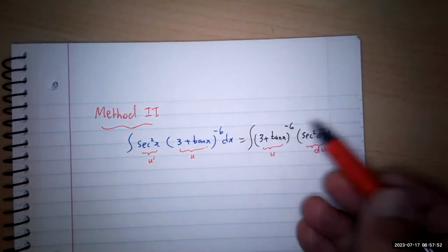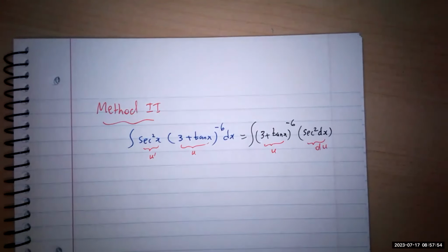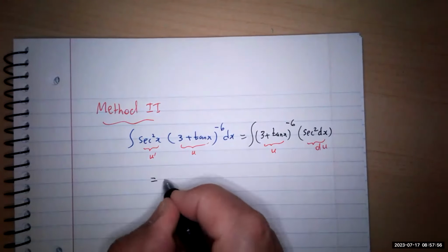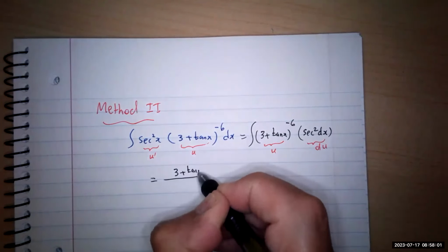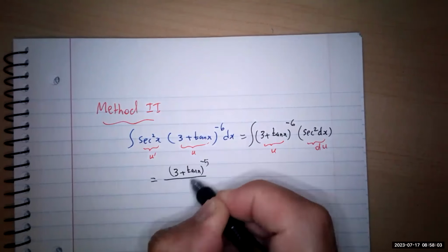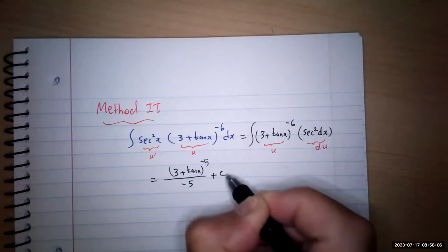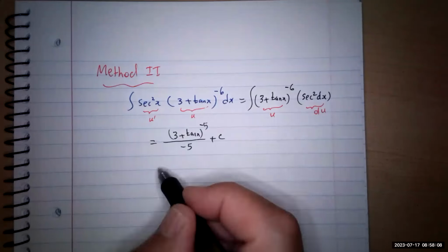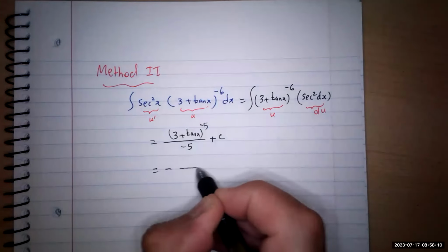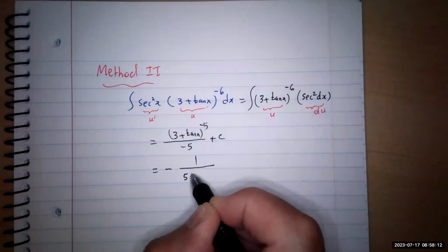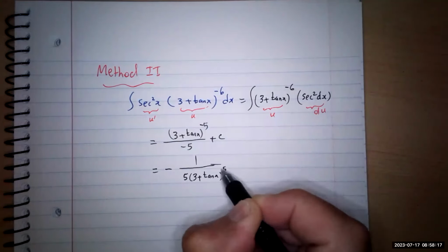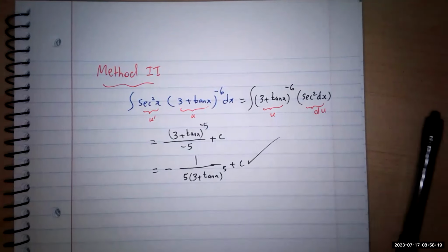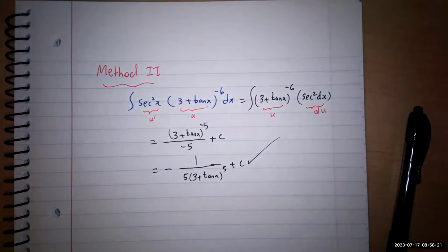So I have u to the minus 6, action of integration. You add 1 unit to the power, which is going to be (3 plus tan x) to the minus 5, and then you divide, plus the constant c. No negative power, so you bring the top down: minus 1 over 5 times (3 plus tan x) to the 5th, plus c. You're done. You see, we do all those operations in one setting, if you like.